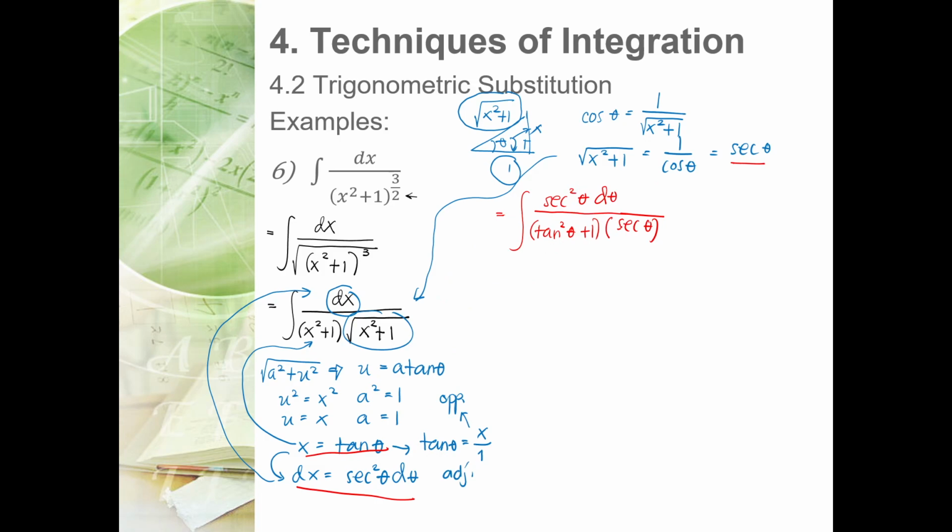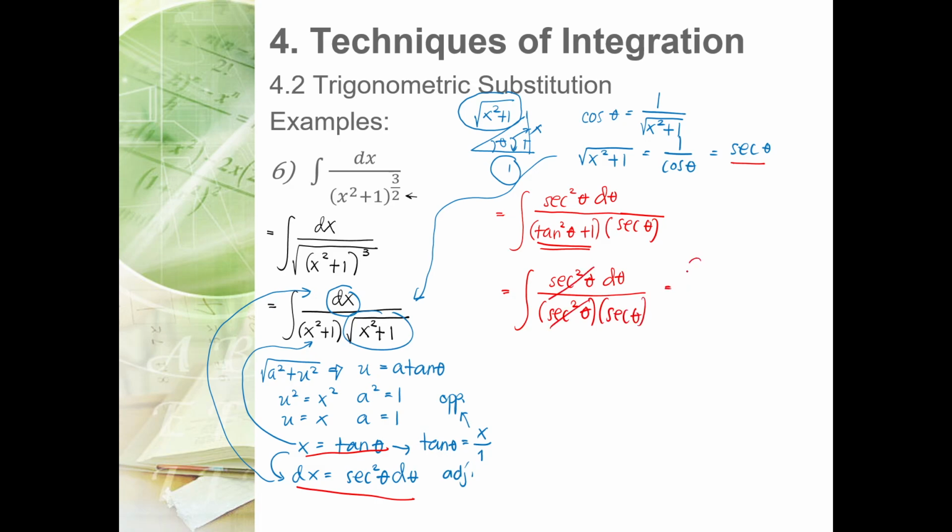Okay, so before we cancel out, notice that this term here is a Pythagorean identity. So instead of representing this one with tangent squared theta plus 1, we can represent it as secant squared. So this becomes secant squared theta d theta all over secant squared theta secant theta.